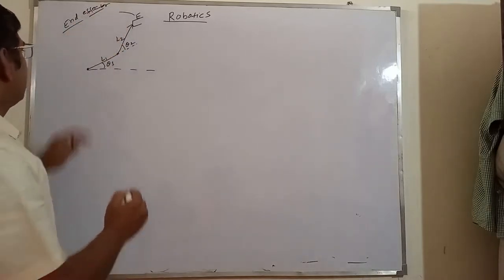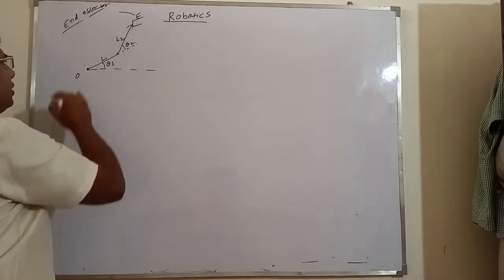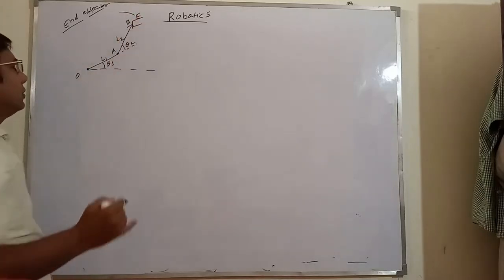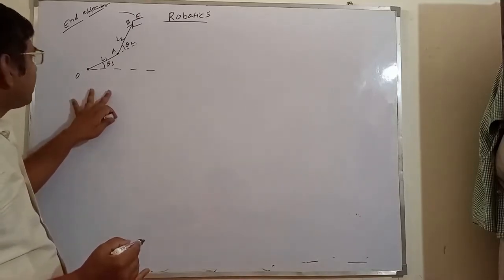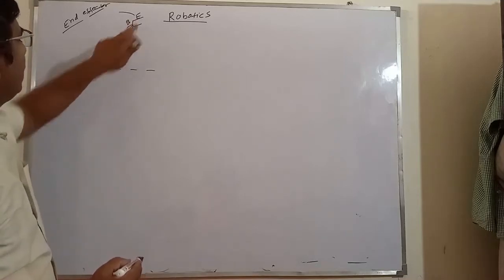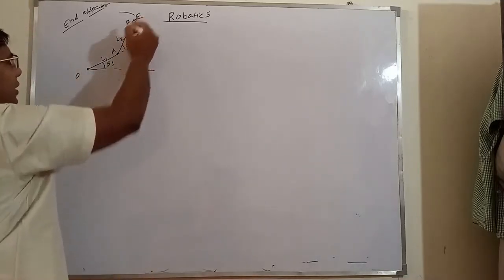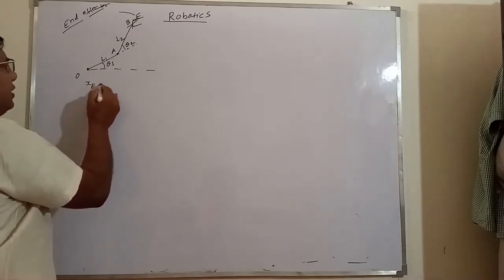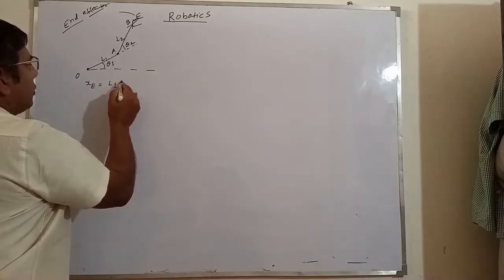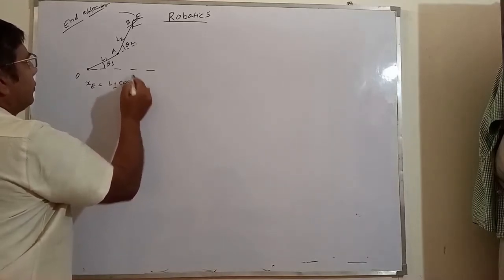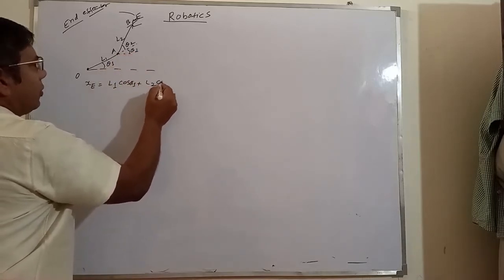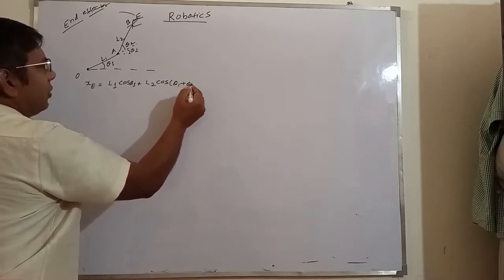Okay, so if suppose this is our origin here, and this is A, this is B, we can write the coordinate of here, B, or it is E. So this is E, XE will be L1 cos theta 1 plus L2 cos of theta 1 plus theta 2.